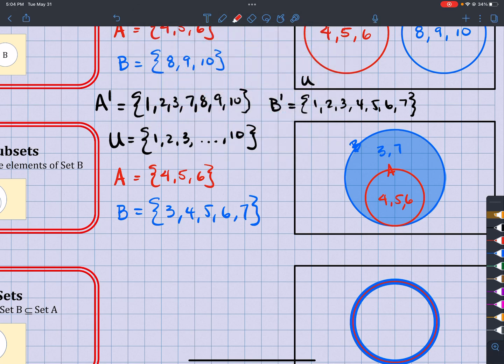While the red here has 4, 5, and 6. Okay? So remember that. Now, what's left in the universal set? Well, the universal set has still 1, 2, 3, 4, 5, 6, 7's there. We got 8, 9, and 10. Okay? So there we go.